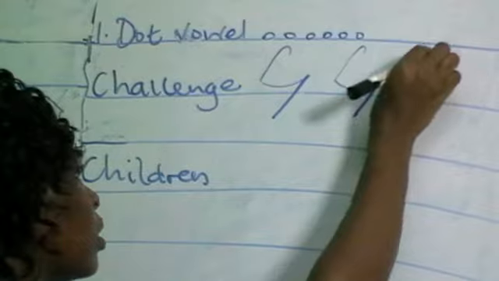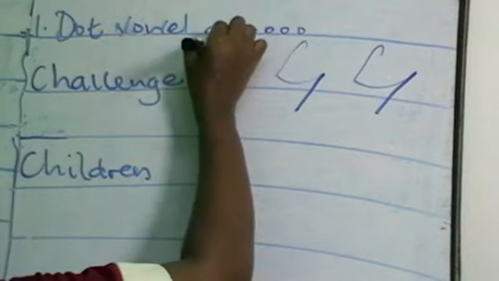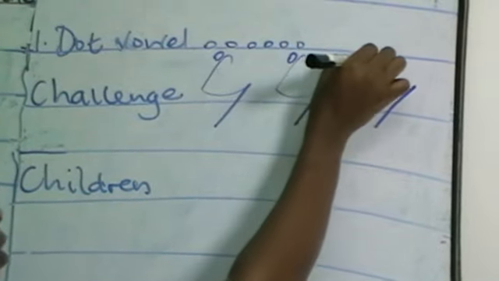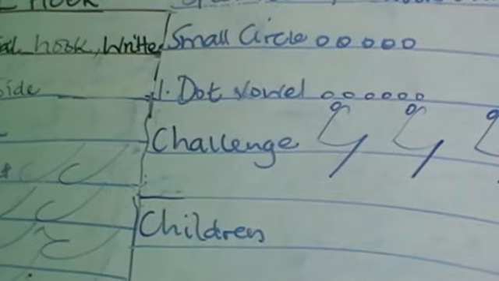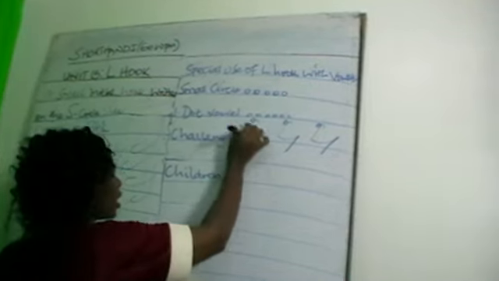Here we are supposed to indicate a dot vowel. The position where we want to indicate the short A, we are indicating a small circle in that case, and then you indicate the short A there.